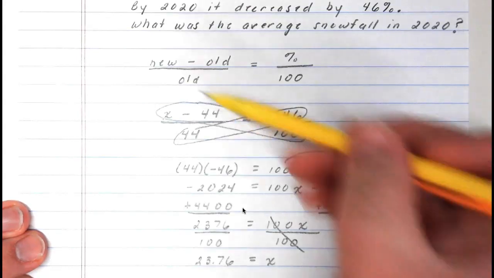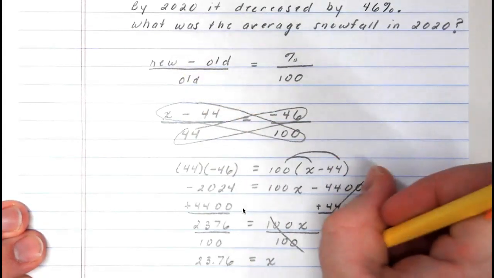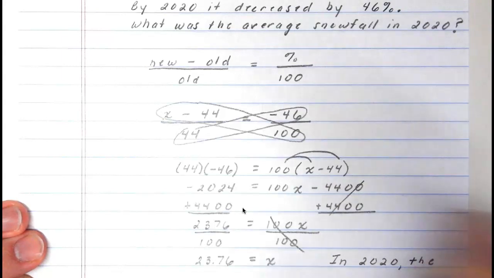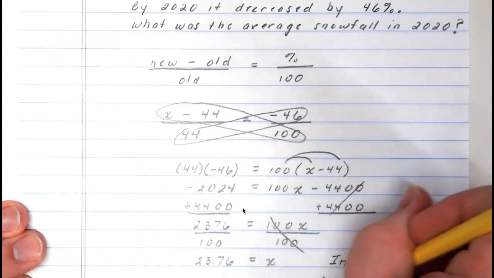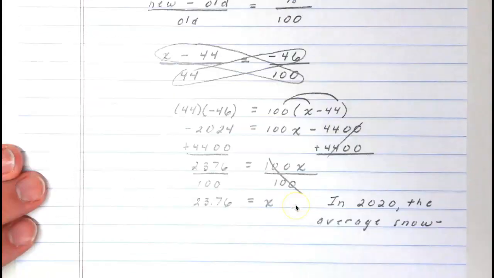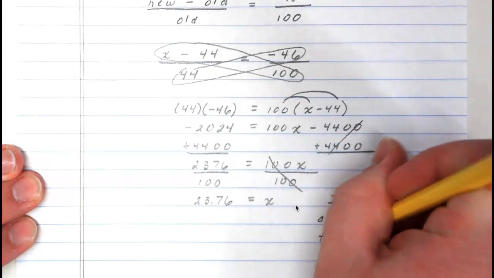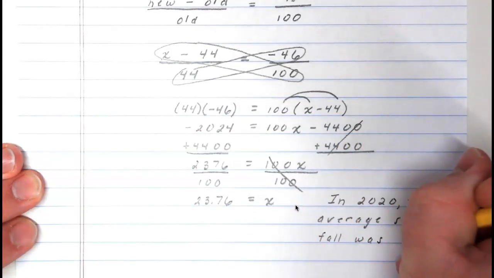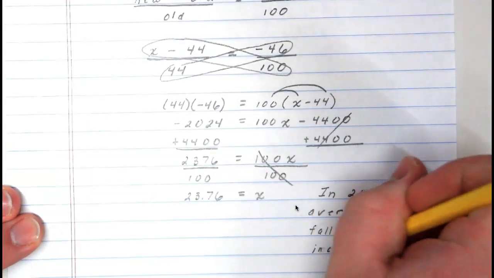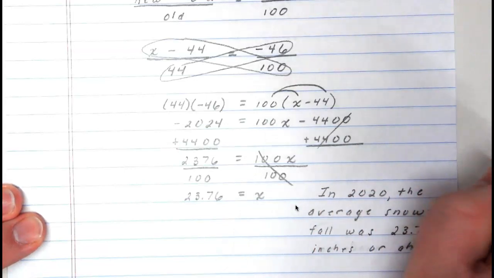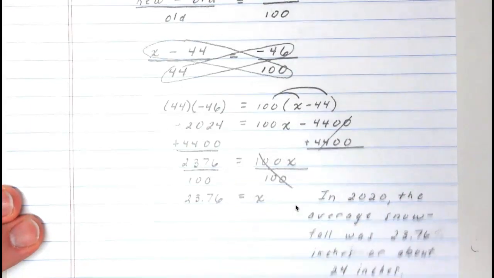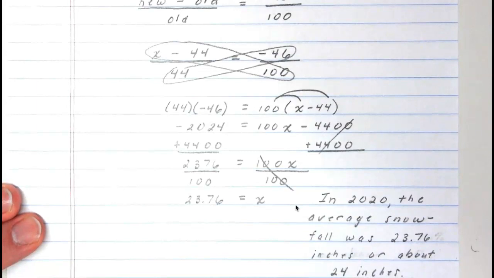Now keep in mind, the x was the new amount. So that means in 2020, the average snowfall was 23.76 inches, or about 24 inches, which makes sense because it said that it decreased overall.